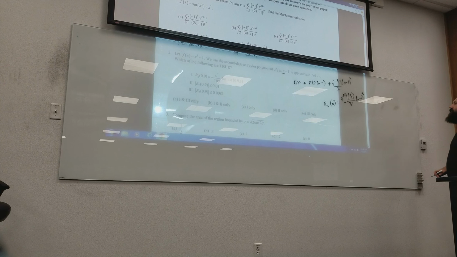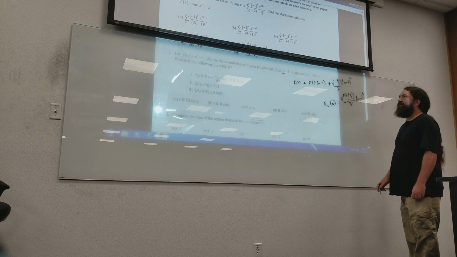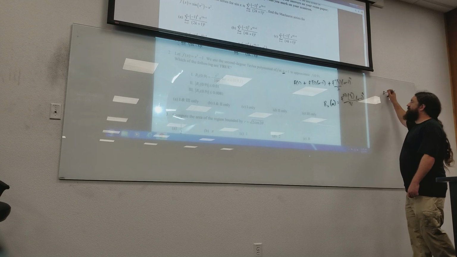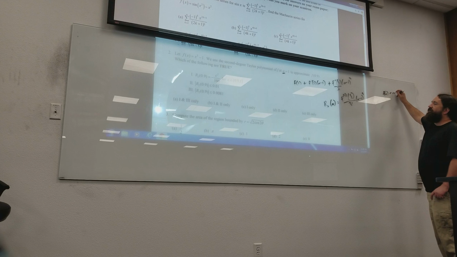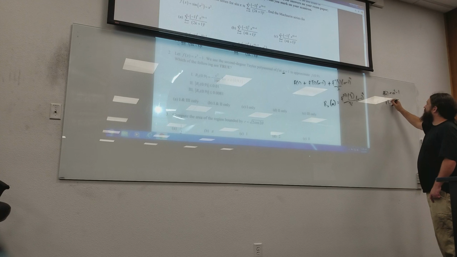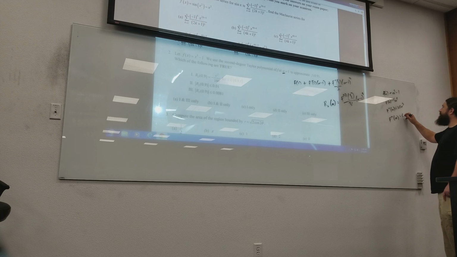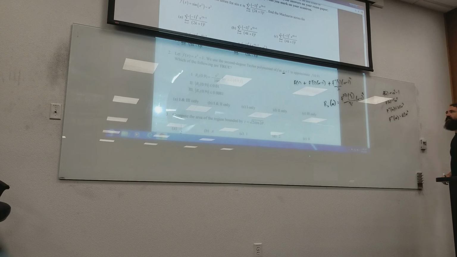Okay, so what's the third derivative of this function? So x to the 5th minus 1, f prime is 5x to the 4th, f double prime is 20x cubed, f triple prime is 60x squared, right? Okay.